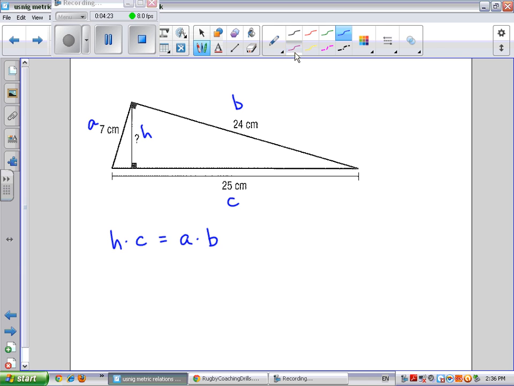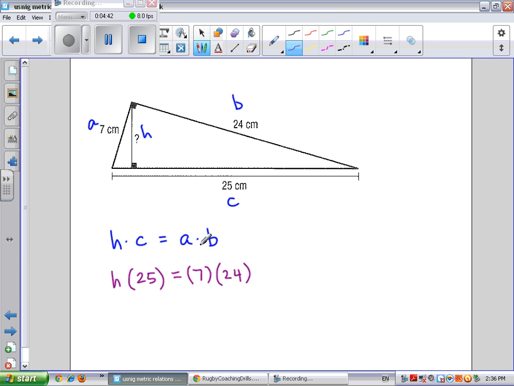Then it's a straight substitution problem: h times c, 25, is equal to 7 times 24.